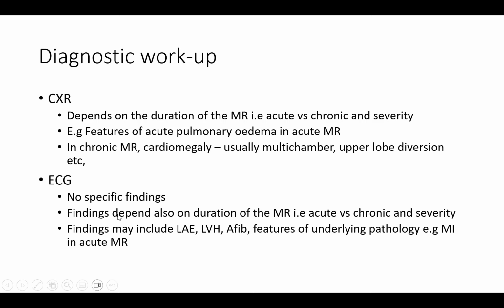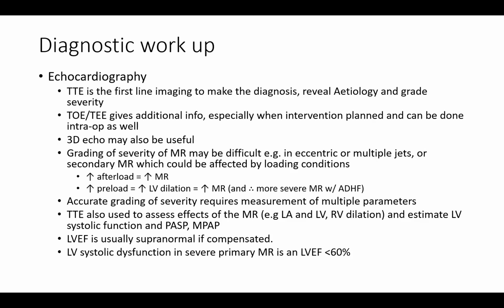The ECG doesn't have any specific findings that are exclusive to mitral regurgitation. They would depend on, again, the duration and severity. So we could have LAE, LVH, atrial fibrillation, and in cases like acute papillary muscle rupture, we could have features of the underlying MI that just occurred.